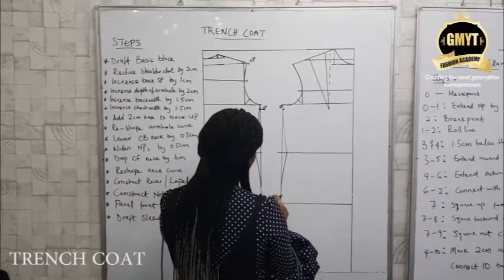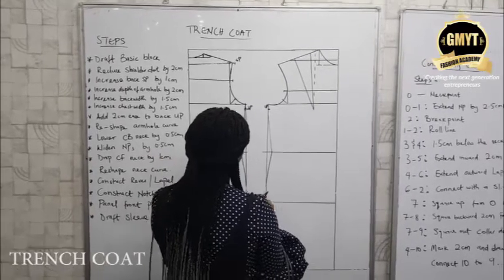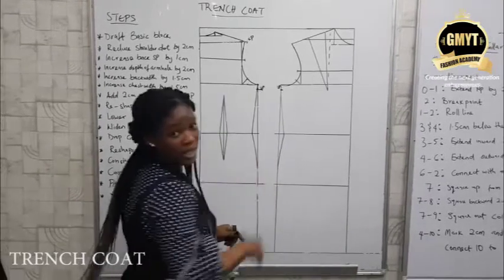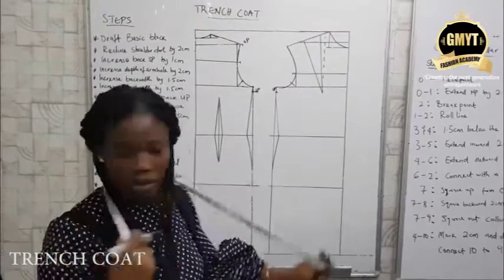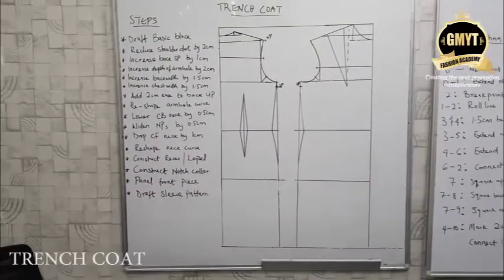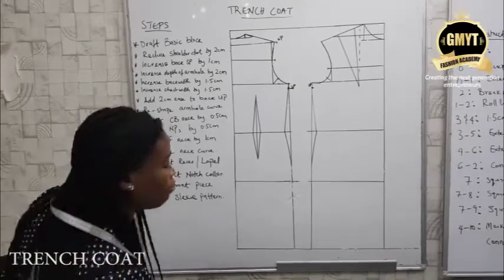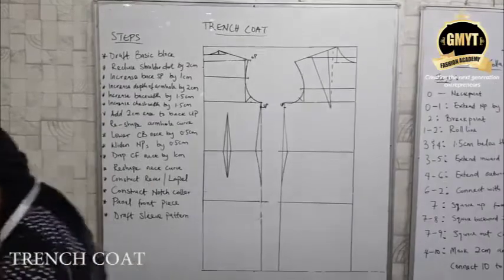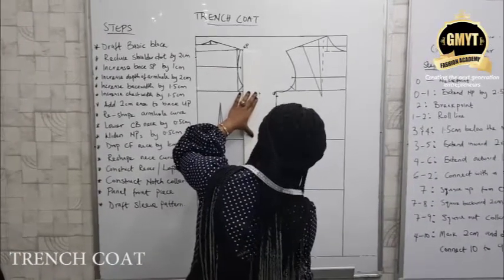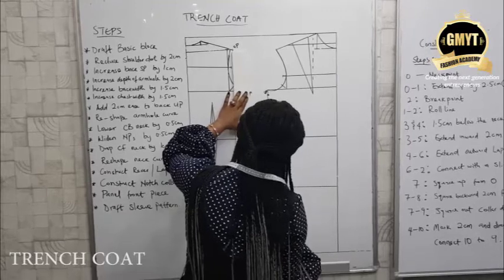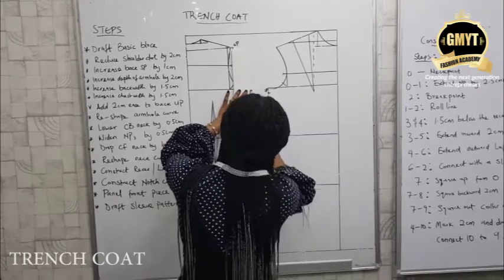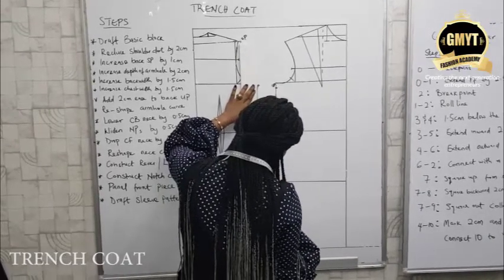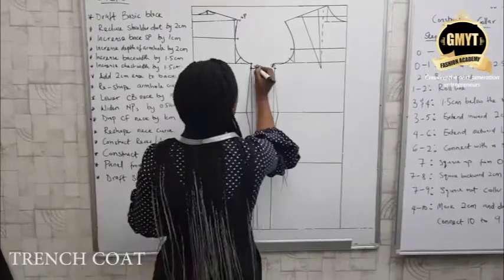Then I add 2 cm as well to my hip area, and I extend it down. Like that.